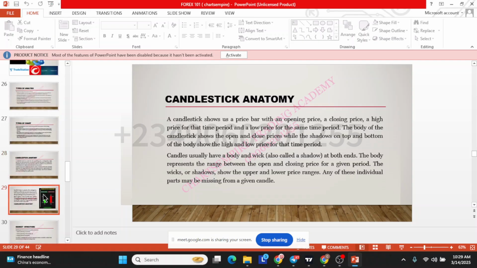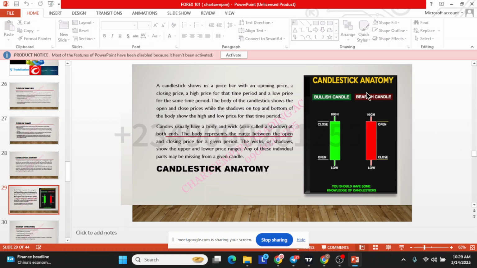So now this is a picture of how typical candlesticks look. The one in green color here is the bullish candle, and the one in red is the bearish candle. I said there are two players in the market, or let me say there are just two things you can do in the market. You either buy or you sell. If you are buying, it means you are bullish.